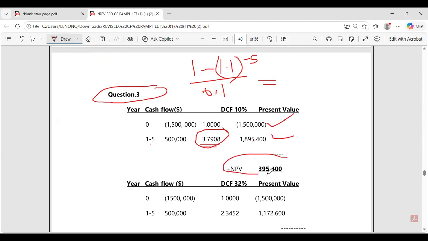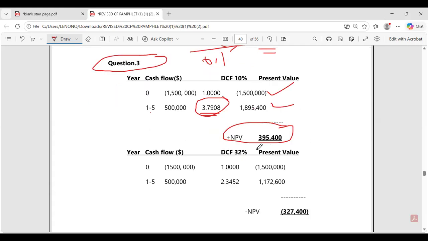You're getting the positive NPV of 395,400, right? Okay, so this is NPV1.